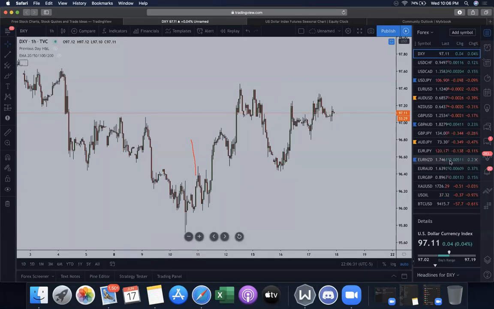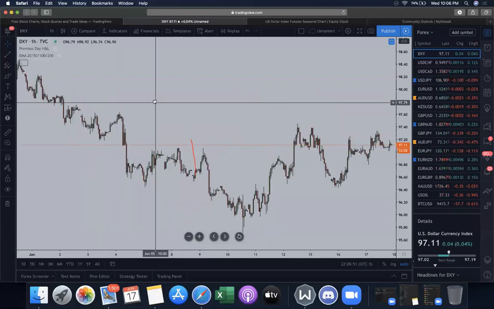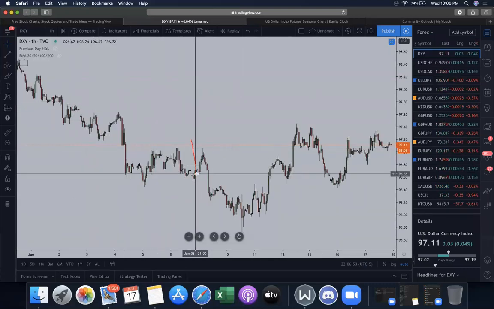And real quick, to answer the question in the chat, Patrick asked, can you show us why we use the dollar index? So the dollar index is specifically just the strength of the US dollar. So if we have the seasonality that dollar is bearish, and then we go to our price action, dollar is bearish, we should be looking for sell setups.